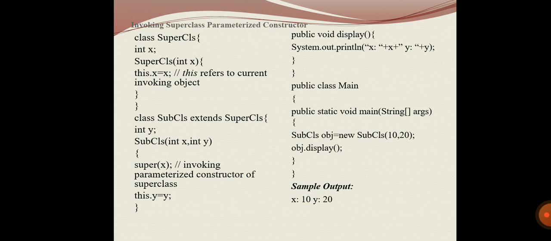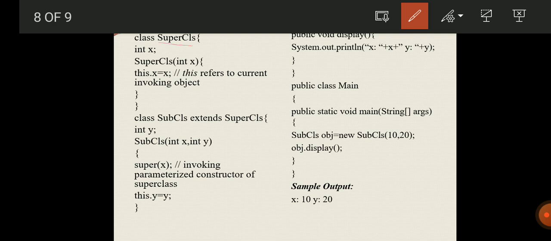Next, invoking the superclass parameterized constructor. A constructor which has arguments is called a parameterized constructor. See the example. First the superclass, in which we have x, and we assign the x value to this particular object. Then the class subclass extends the superclass and has two parameters, x as well as y. It calls super(x) and this.y = y.